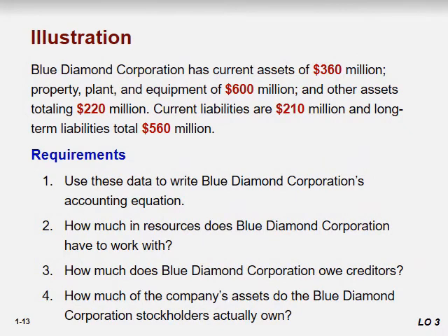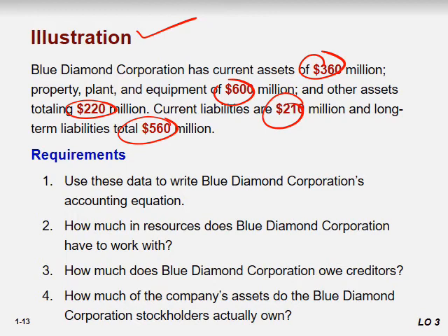Okay, in order to further understand the accounting equation, there is an illustration. I want you to pause the video for 5 minutes, read the question, and then we solve it together. Blue Diamond Corporation has current assets of 360 million, property, plant and equipment of 600 million, other assets totaling 220 million, current liabilities of 210 million, and long-term liabilities of 560 million.